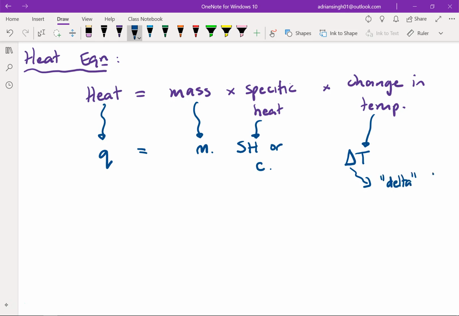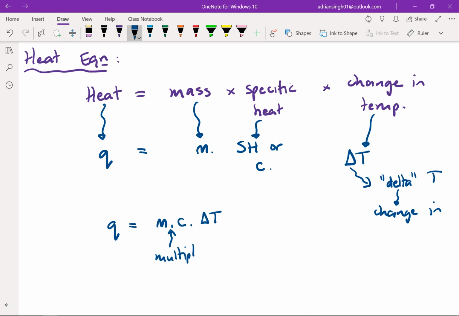So delta T. Whenever you see delta, that means change in something. So our heat equation essentially now is Q equals M times C times delta T. And these little dots that you see here, you can think of as meaning multiply.